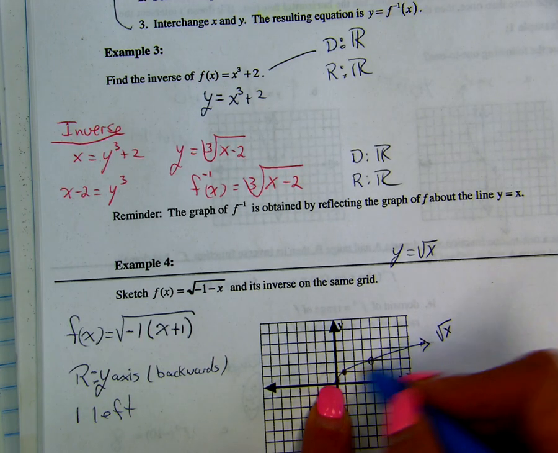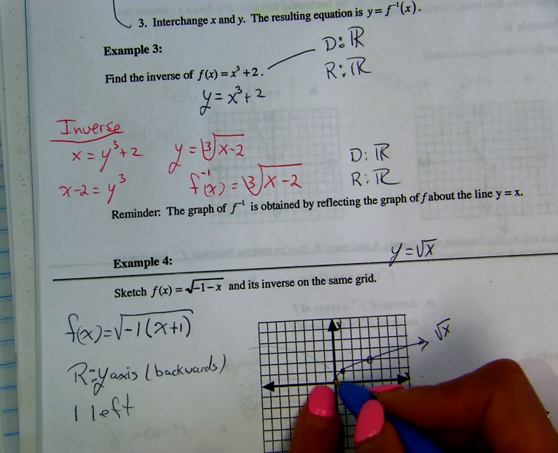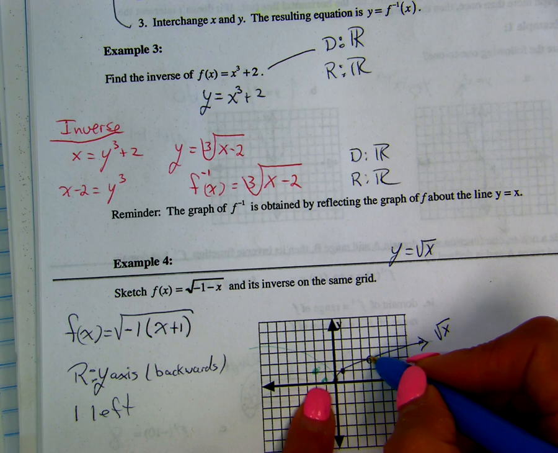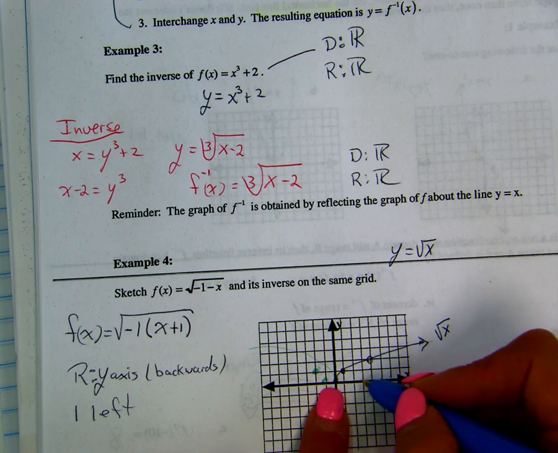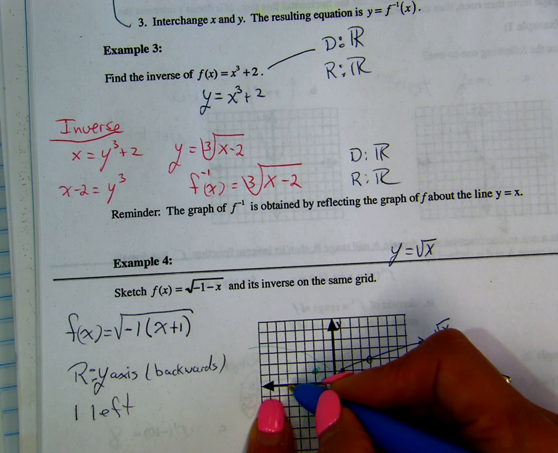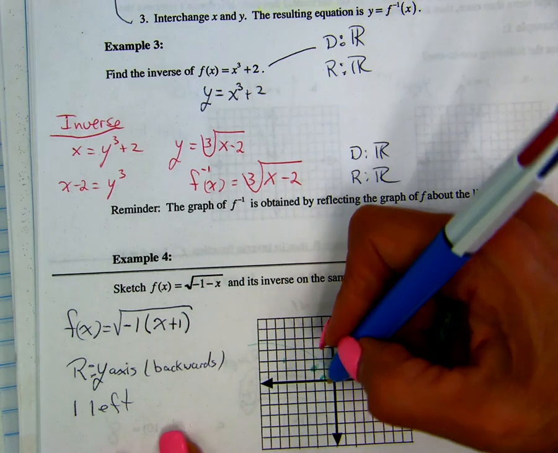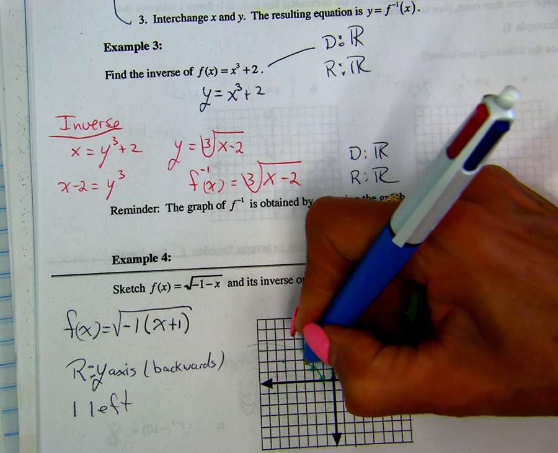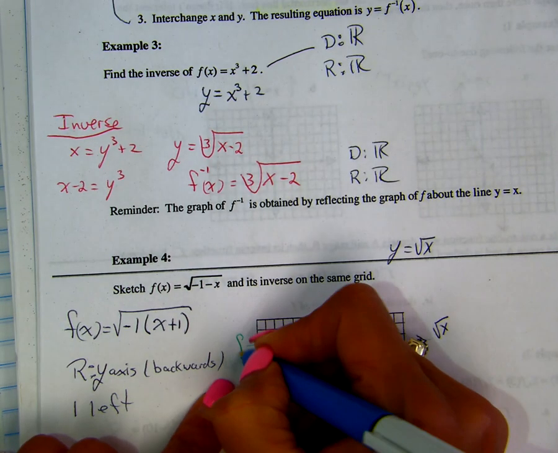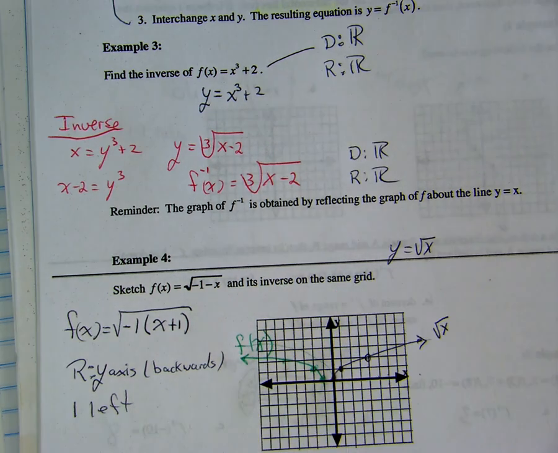So instead of looking like this, it's going to look like that. And 1 to the left, it starts here. And then this one would go over here. And then this one, where it would be -1, 2, 3, 4, and 1 to the left. So this function would look like this. Okay, so here is f at x.